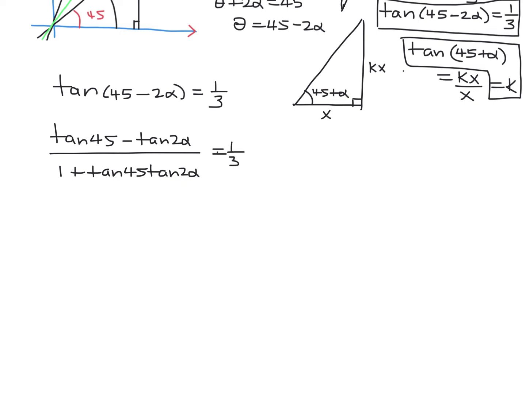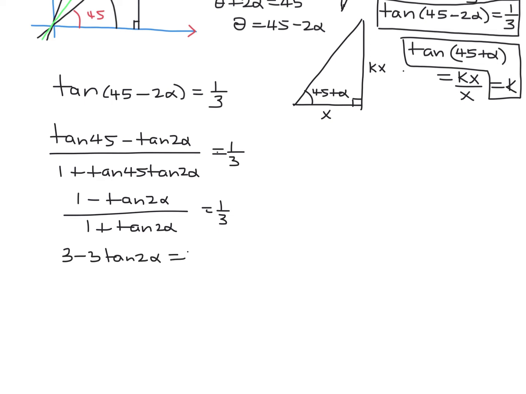The good news is that tan of 45 is 1. So this is (1 minus tan 2 alpha) over (1 plus tan 2 alpha). And then we just use some basic algebra to cross multiply. So that would be 3 minus 3 tan 2 alpha is equal to 1 plus tan of 2 alpha.